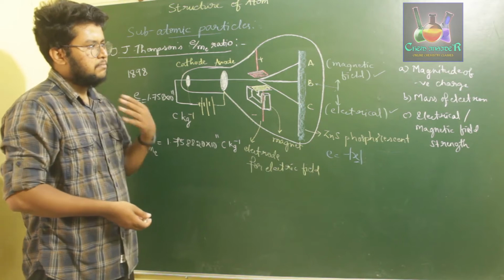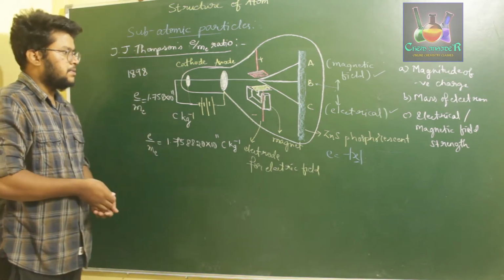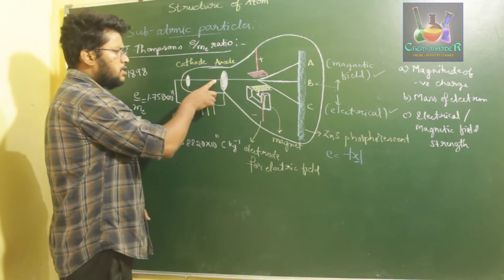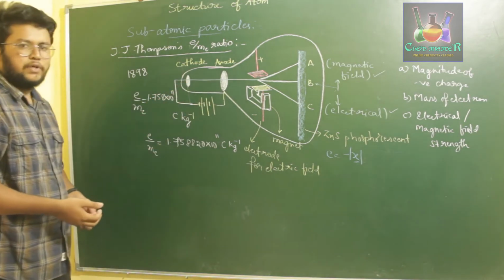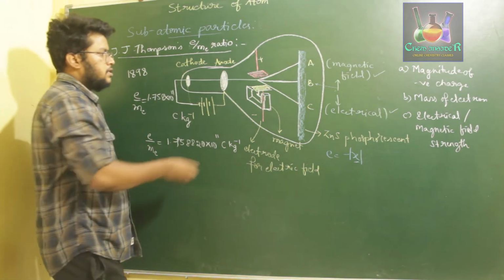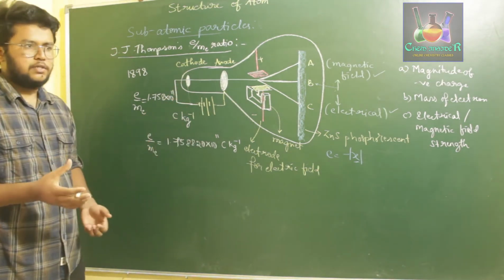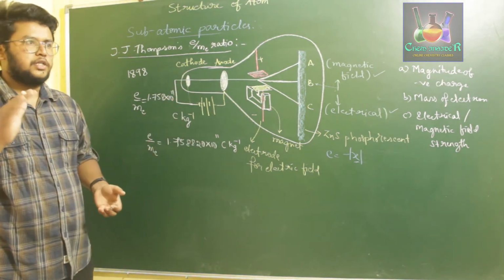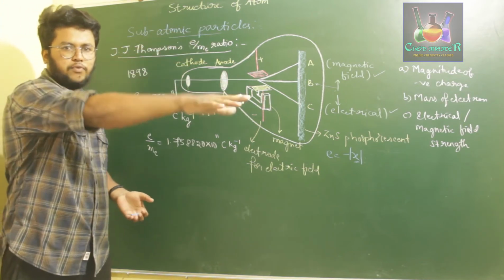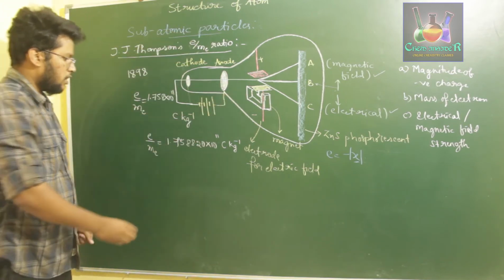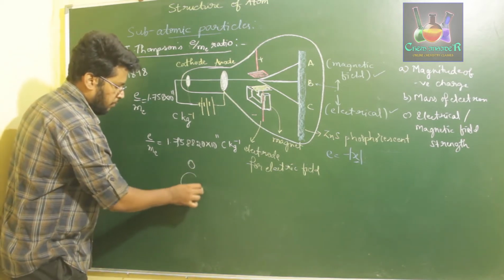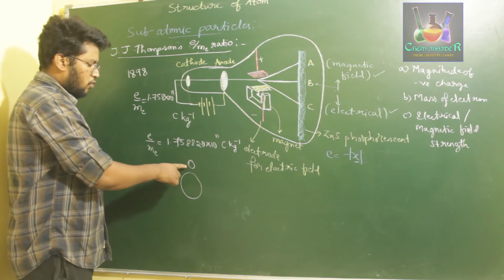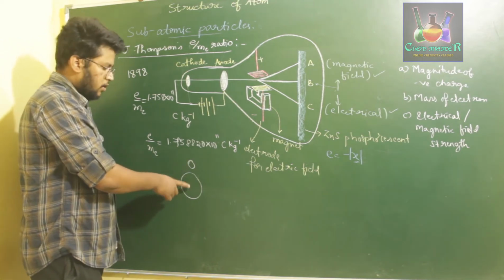And the second one is the mass of the electron. What he observed was, if the mass of the electron passing from cathode to anode was high, then it is like whenever you throw a substance with a certain mass, it goes through a projection and then falls down at a certain point. Let us say you are using a tennis ball and a football.